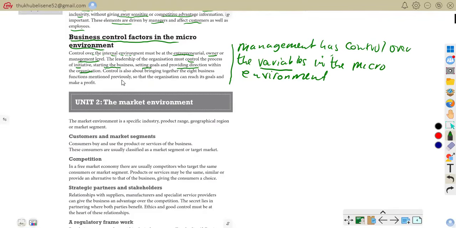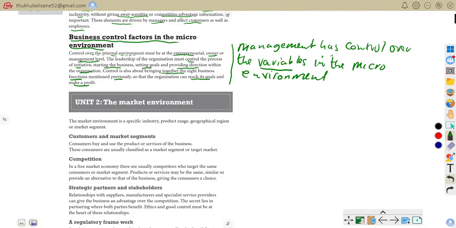Control is about bringing together the business functions mentioned previously, like purchasing, marketing, financing, public relations, administration. Those functions are the ones that enable management to set goals and provide direction, so that the organization can reach its goals and make a profit.